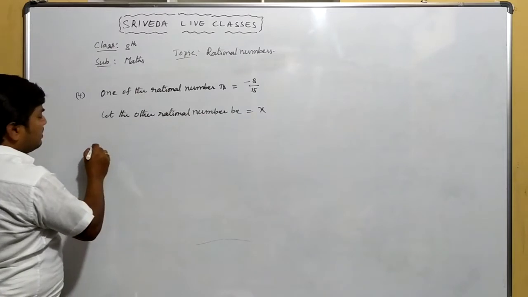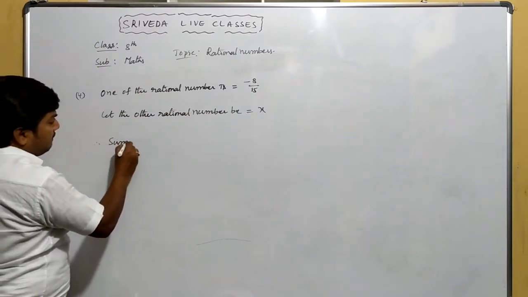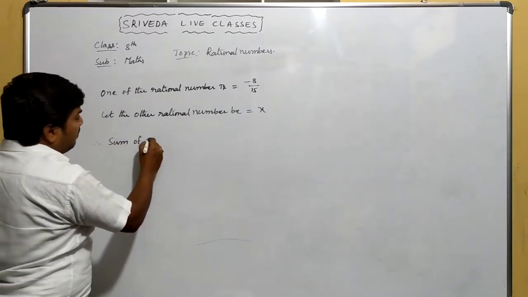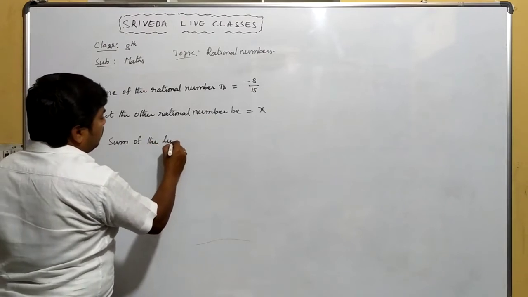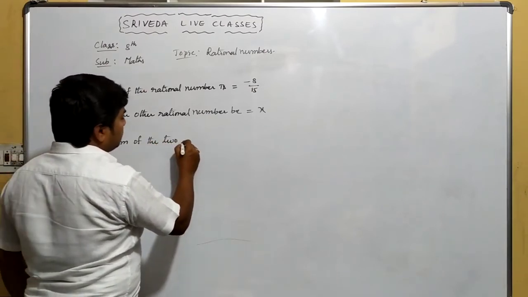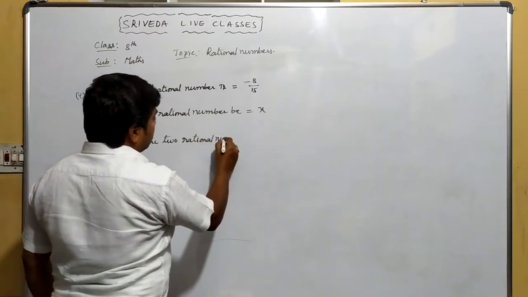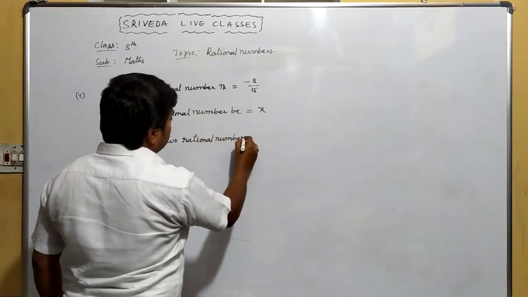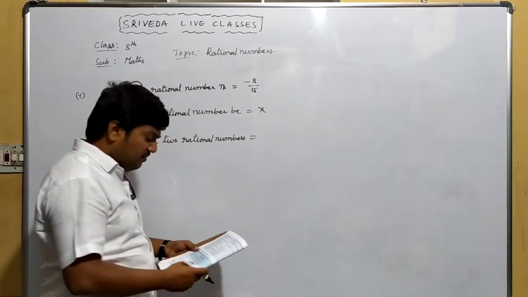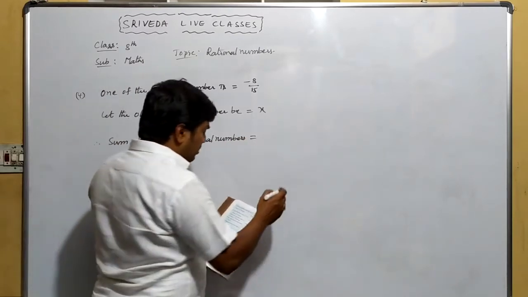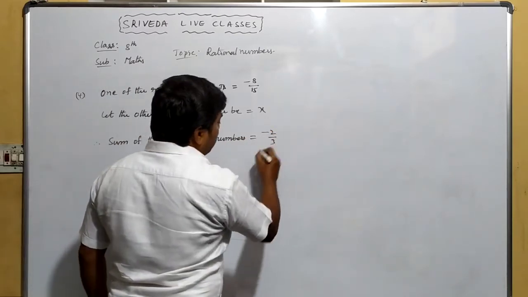So therefore the sum of the two rational numbers is equal to, how much they gave? Minus 2 by 3.